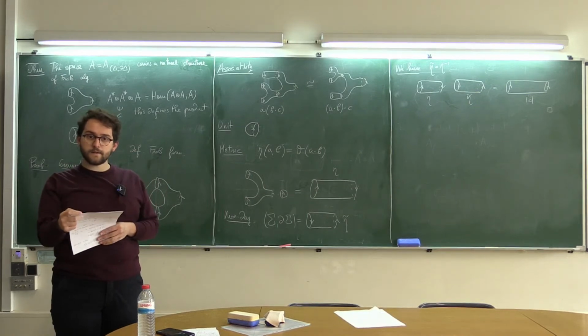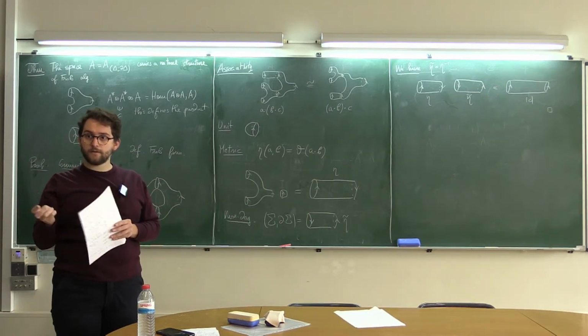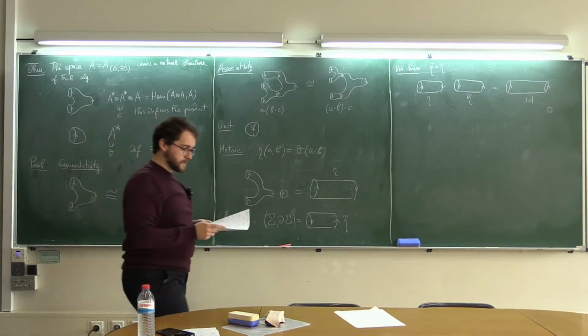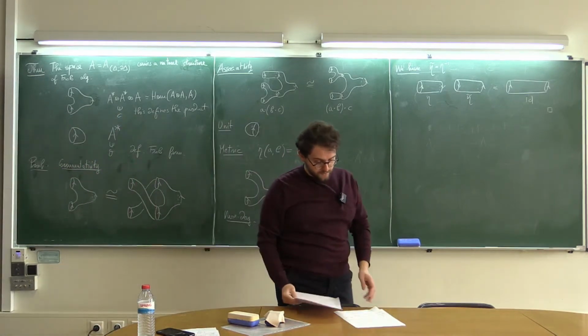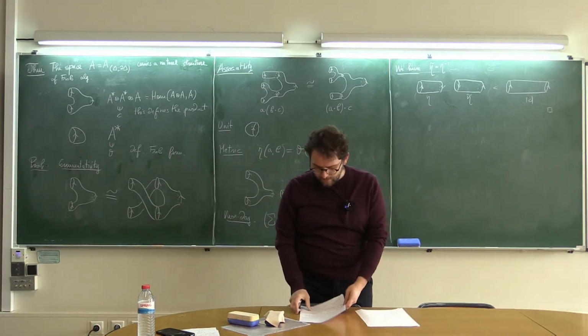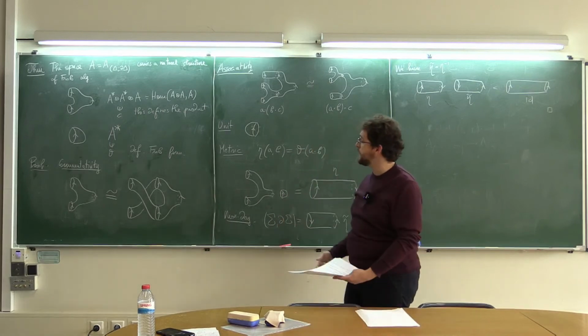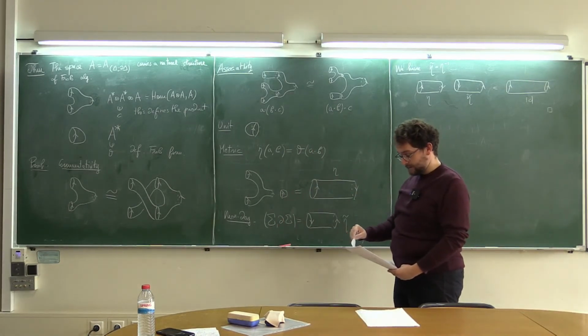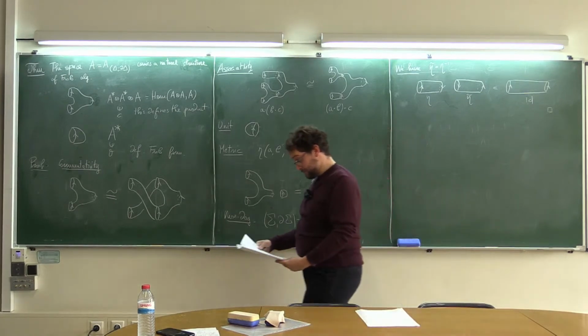Dubrovin was studying the moduli spaces of topological field theories. At the end of the day, he was studying geometrical differential structure on this moduli space, and it was in this way that he arrived at the notion of Frobenius manifolds.